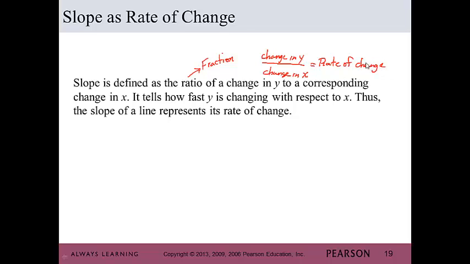This is known as the rate of change. So it's basically how fast y is changing with respect to x. Examples of rates would be speed, miles per hour. How fast are you traveling in 1 hour? Miles per hour.